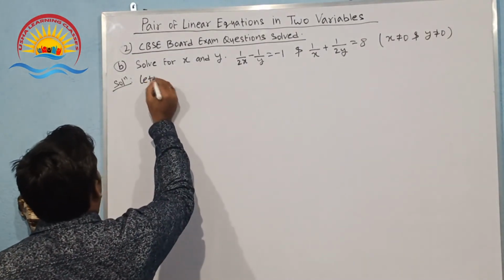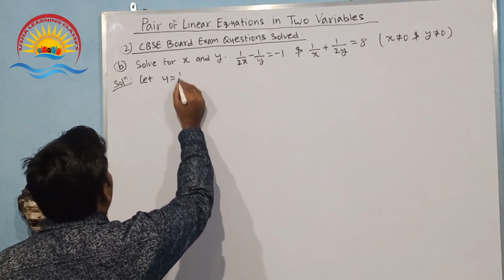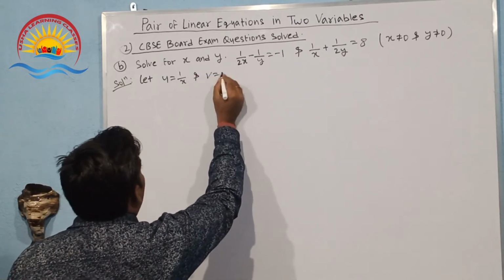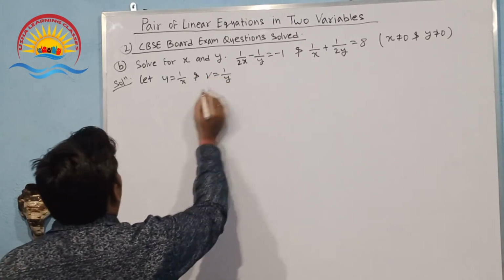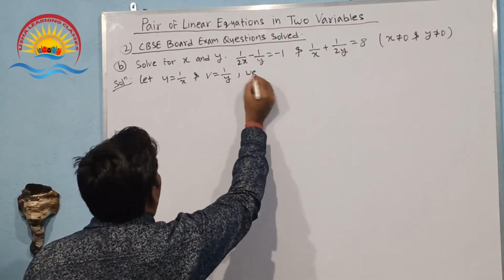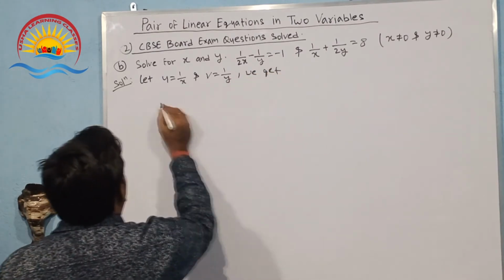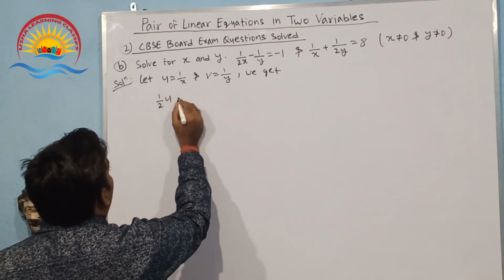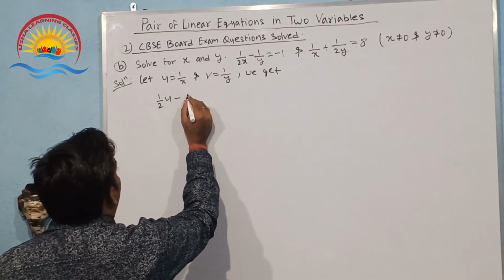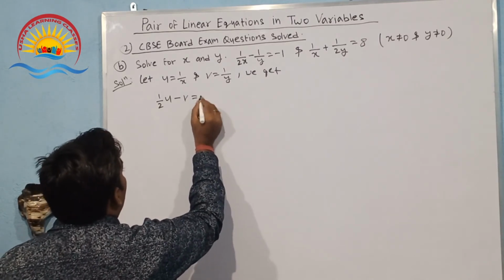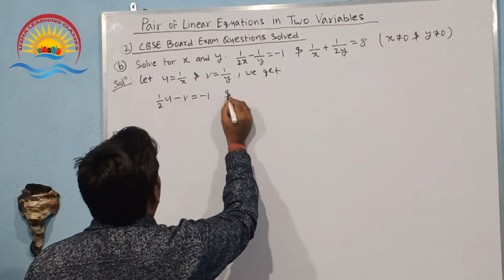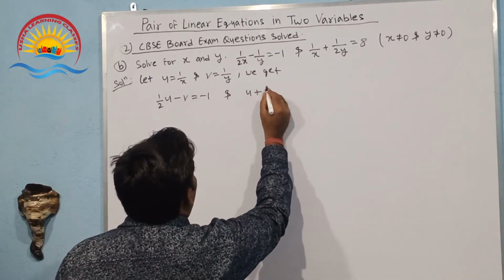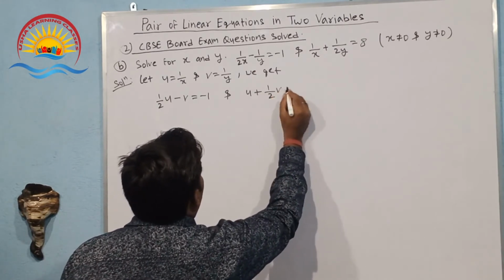Let u equal to 1 by x and v equal to 1 by y. We get 1 by 2u minus v equal to minus 1 and u plus 1 by 2v equal to 8.